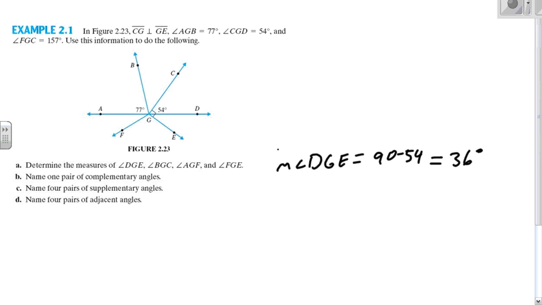Angle BGC. So if we look, we do have a straight line here, which is 180 degrees. So if we subtract 77 and 54 from 180, we'll get the measure of angle BGC, which is 49 degrees.